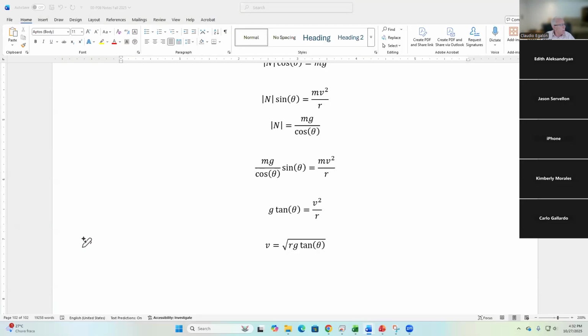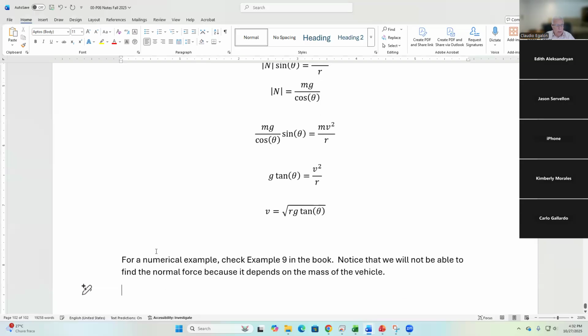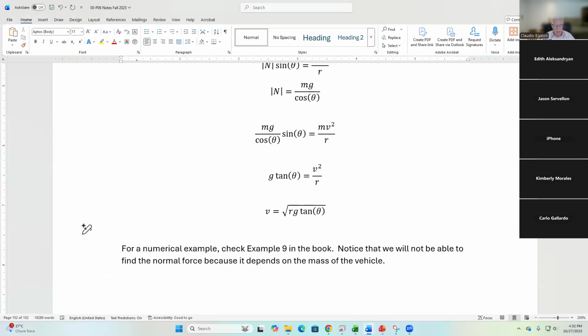For a numerical example, check example 9 of the book. I'm not going to do the numerical example. It's very handy to have something like that, because if you're racing those speedways and somehow oil gets spilled over the banked curve, everybody else who comes behind knows what would be the safe speed, the magical speed that allows them to negotiate that banked curve safely.